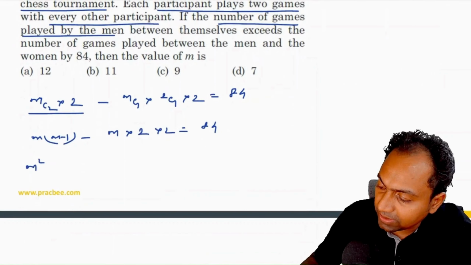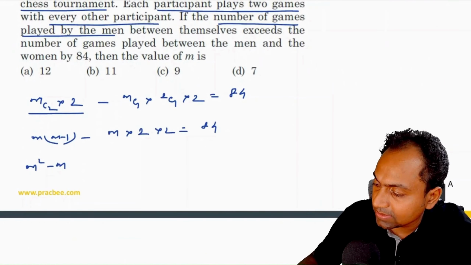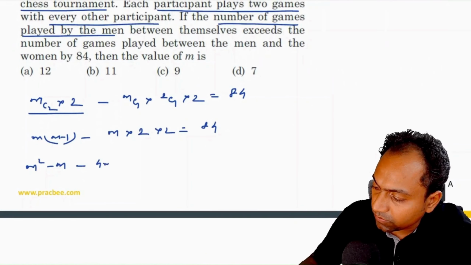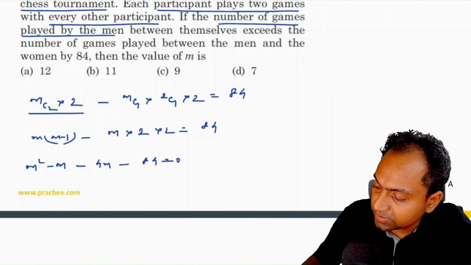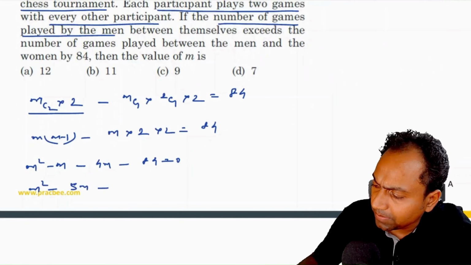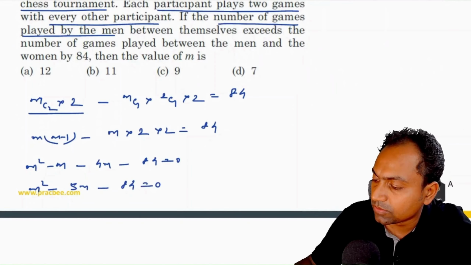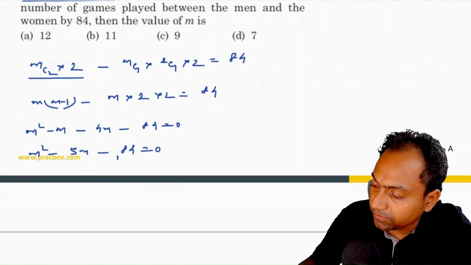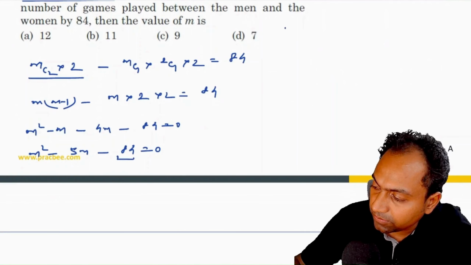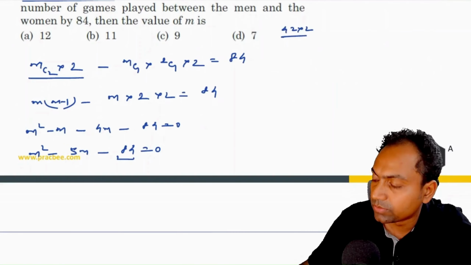And if I simplify, this becomes m square minus m minus 4m minus 84 is equal to 0. And this becomes m square minus 5m minus 84 is equal to 0. And now if you simplify this, 84 can be written as 42 into 2.